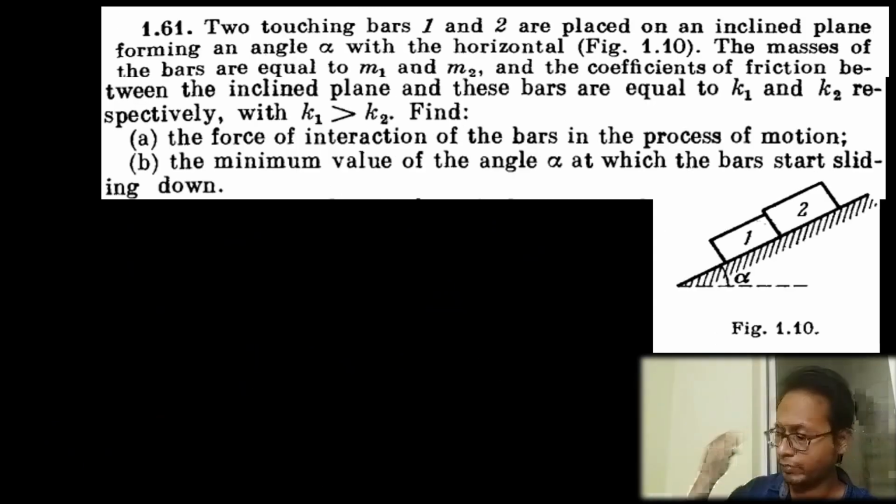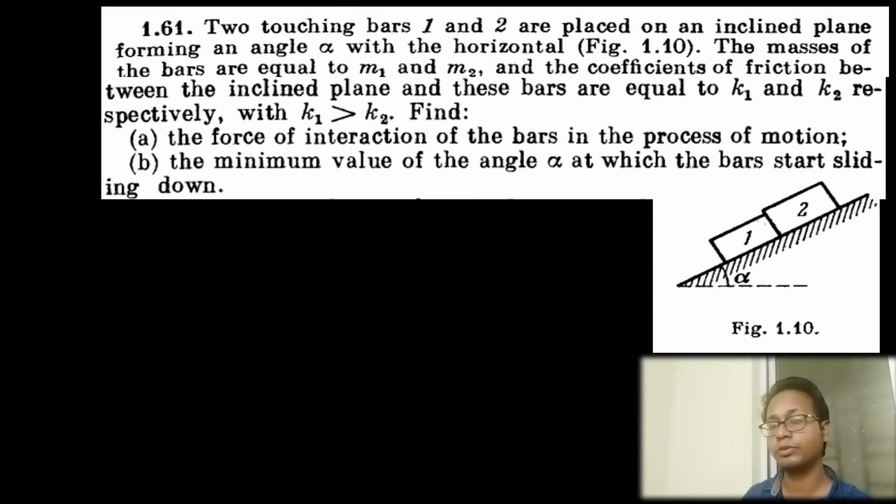But in this question, we'll try to solve part 2 before solving part 1. What this question is saying is that there are two blocks, block 1 and block 2, of mass m1 and m2. Block 1 has coefficient of friction k1 with the inclined plane. Block 2 has coefficient of friction k2 with the inclined plane. After a certain angle alpha, it starts slipping.